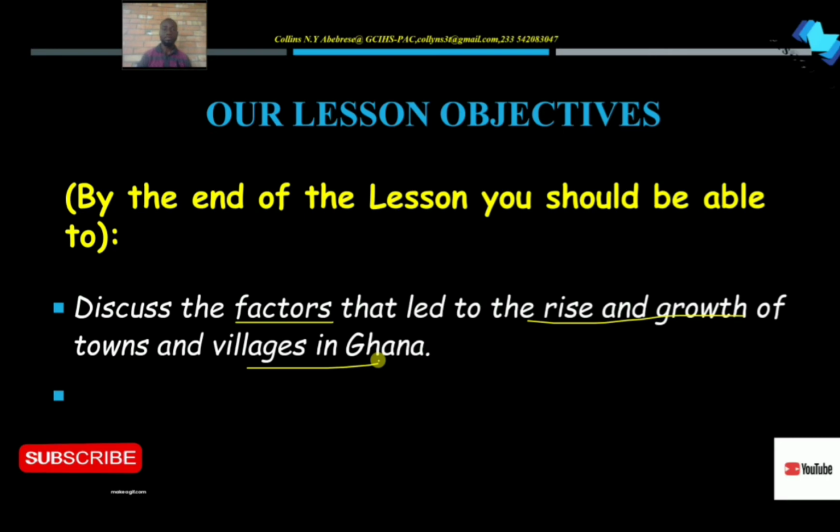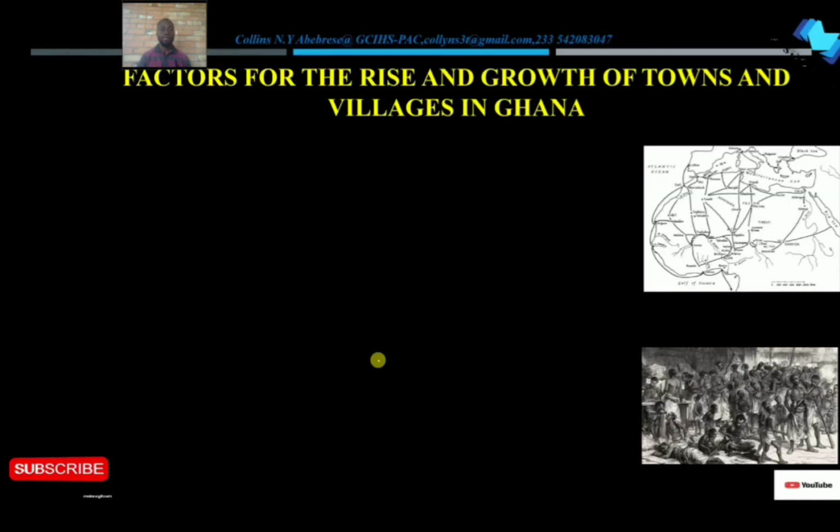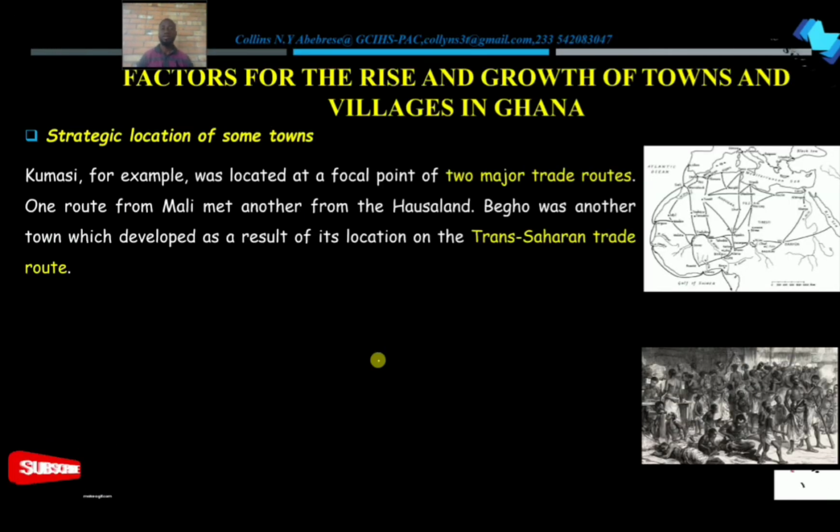So let's begin with the first factor. The first factor for the growth and rise of towns in Ghana was the strategic location of some of these towns. Interestingly, some of these towns were strategically located.